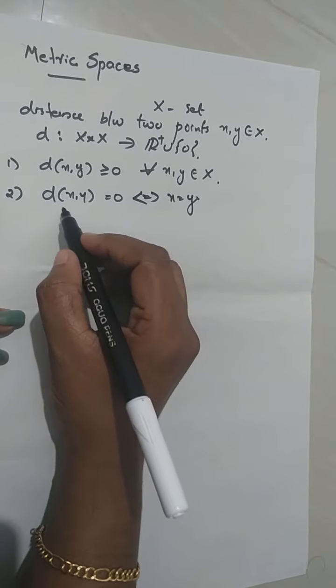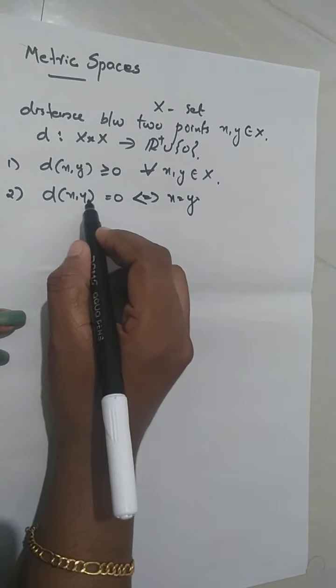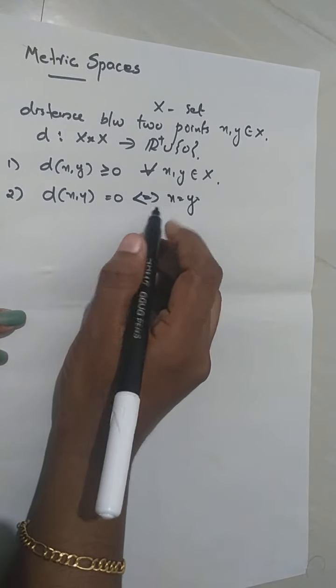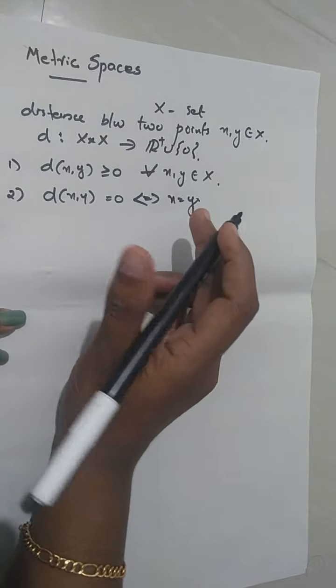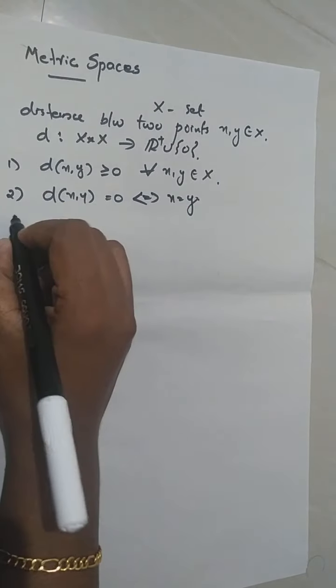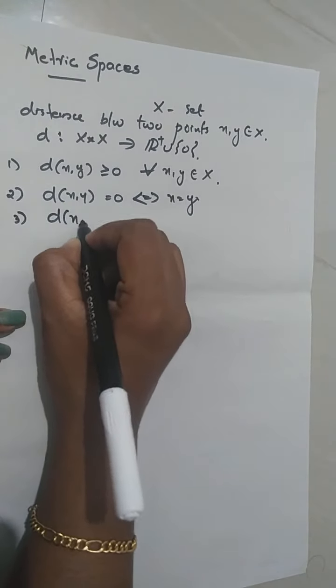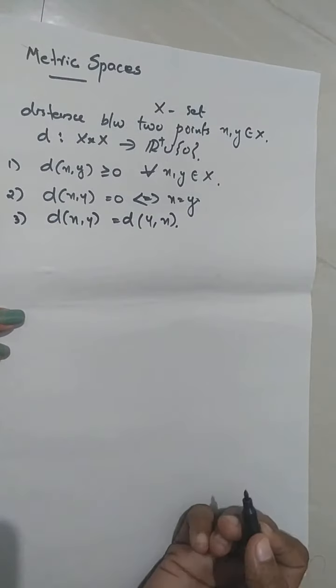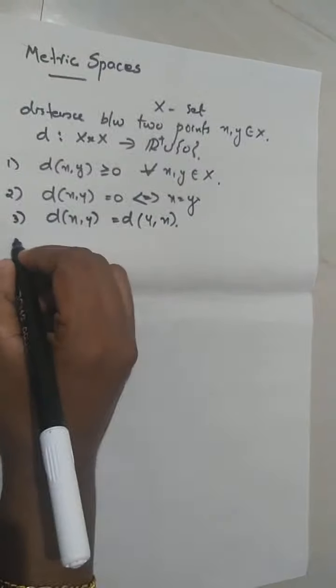So the second property is that the distance between any two points is equal to 0 if and only if those two points are the same. And the third point, the distance from x to y should be equal to the distance from y to x.